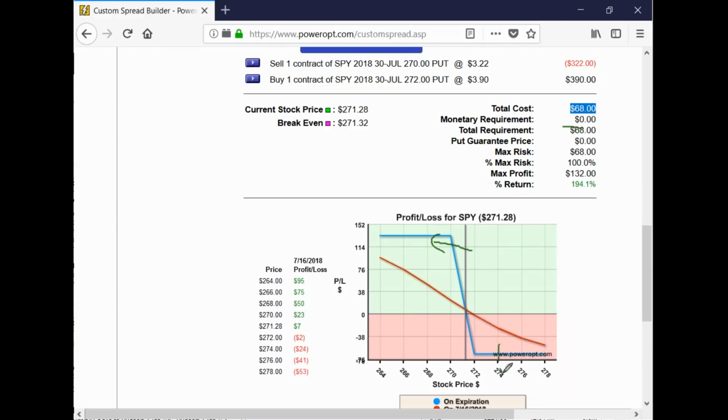The risk is if the stock goes up to 273, 274, both of your puts here expire worthless in the bear put debit, and you lose the 68 cents. And of course here the break even is right about where we are right now because we set it up to be sort of even, 1-to-1 or better risk reward ratio. But it is more speculative because now you need the stock to fall. You need it to move down below there to get the maximum profit.